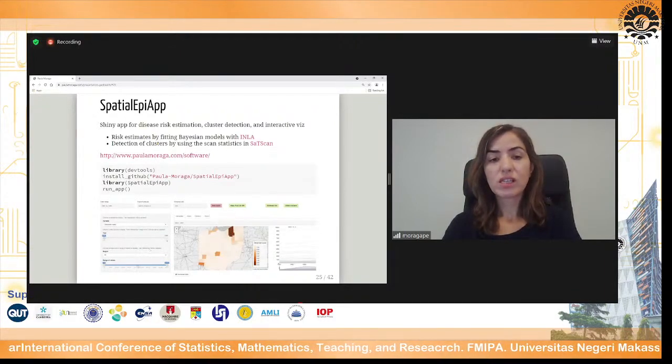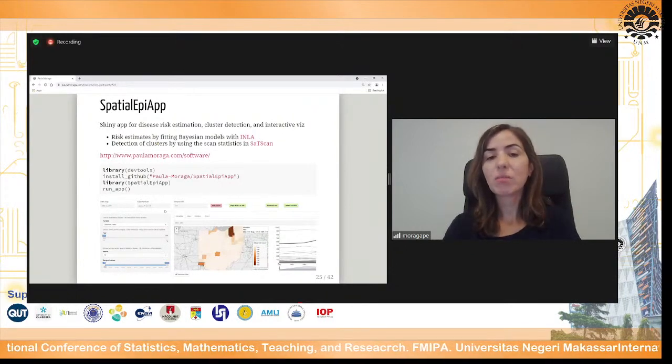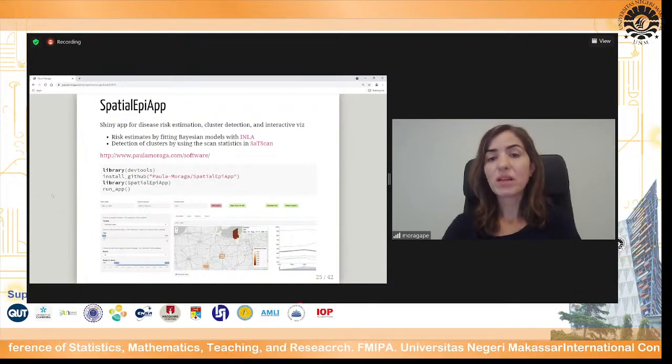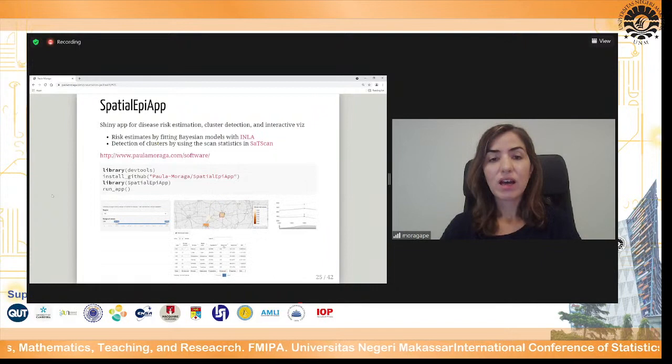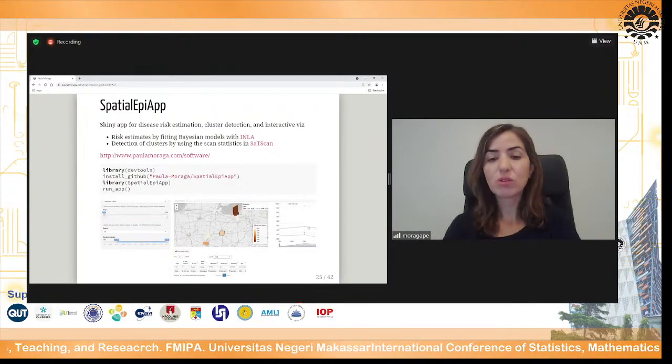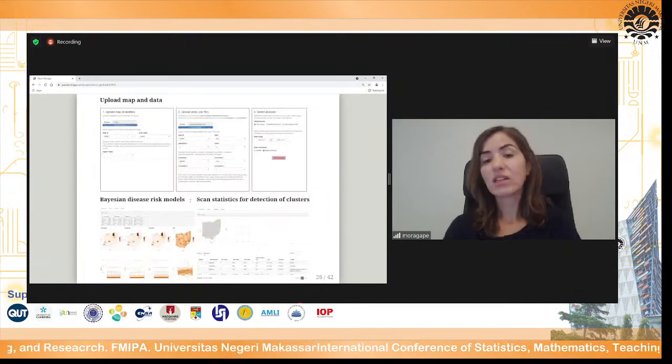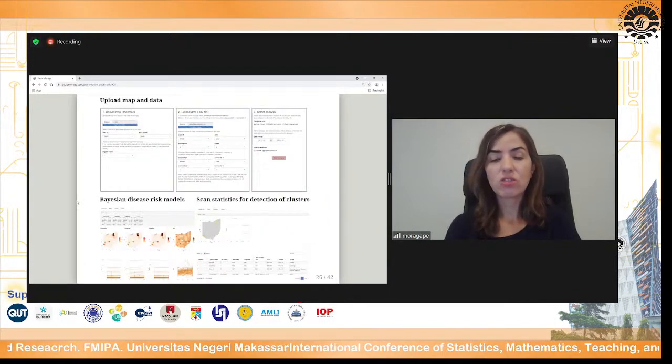Here the user can upload the data, can upload the map, and then by clicking some buttons, they can obtain risk estimates by fitting Bayesian models using INLA, and they can also detect clusters by using the scan statistics in SaTScan. And then they can visualize the results in an interactive way using leaflet maps, time plots, interactive tables, and they can also generate reports with the analysis conducted.